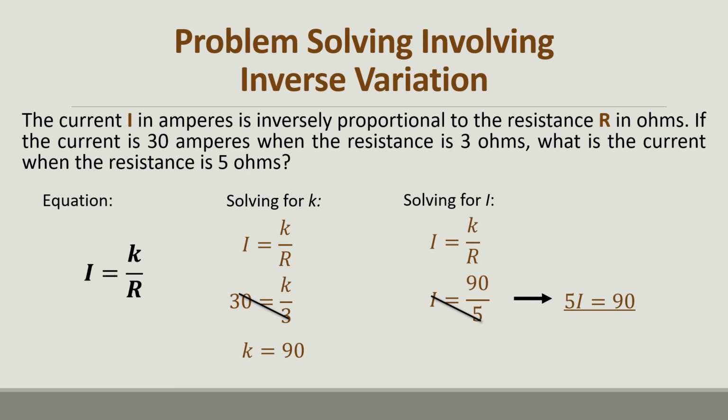So you put 90 on the left side of the equation. And what to do next? We have to divide both sides of the equation by 5 since we're trying to solve for I here. There you go. And then 90 divided by 5, that's actually 18. So in conclusion, 18 amperes is the current when the resistance is 5 ohms.